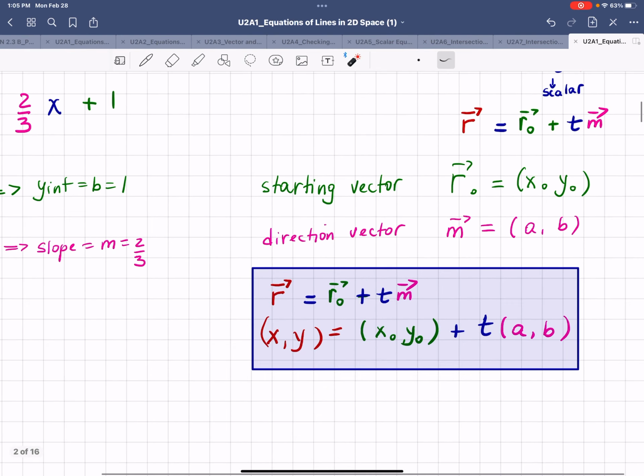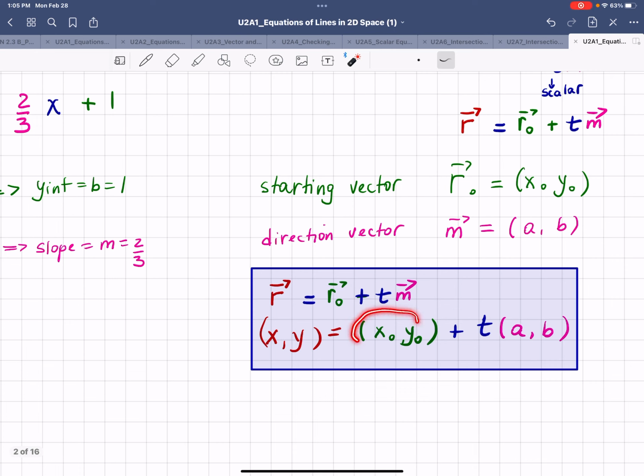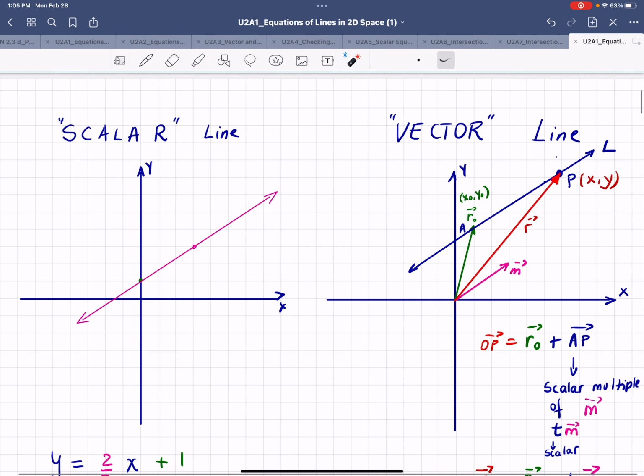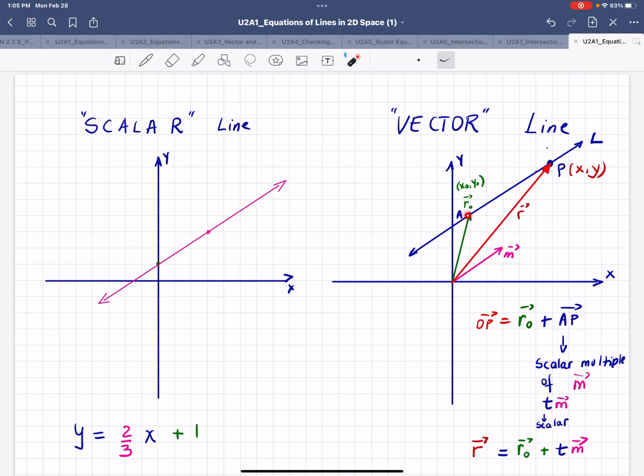Or we can draw the line by knowing the coordinates of x0, y0, and the coordinates of x and y, which are the heads of two vectors on the line L. So similar to what we said when we were drawing the graphs of equations in scalar form, we are now drawing equations in vector form.